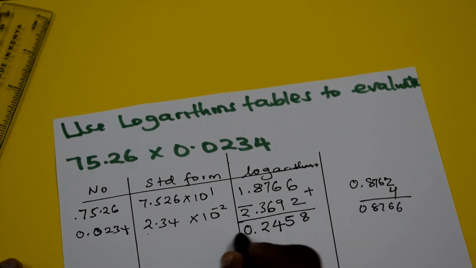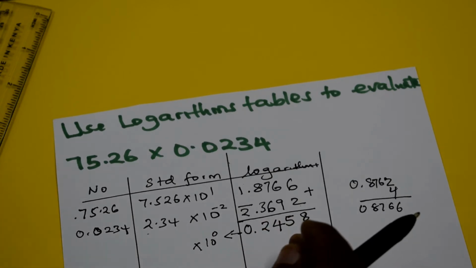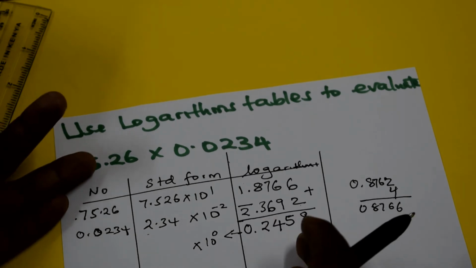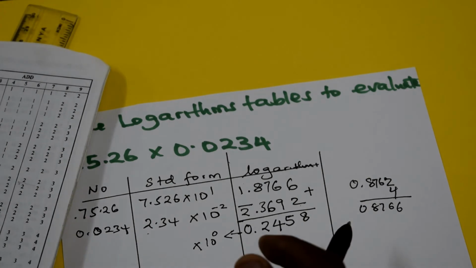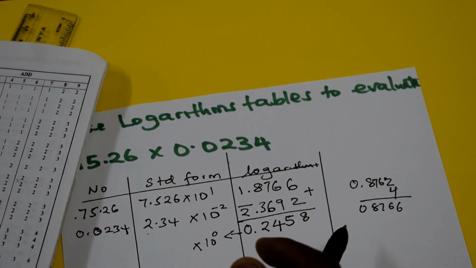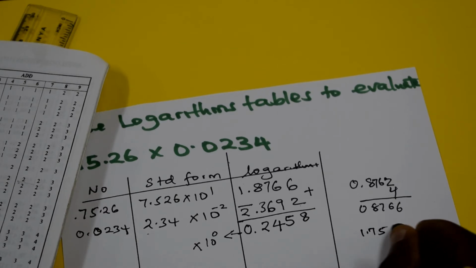So once we get this number, we get the antilog, so that we go back to the number, because the logarithms of the two have been added, and we add them because the bases are the same, we add the powers. So the antilog of 0.2458: at 2.245 we get 1.758.